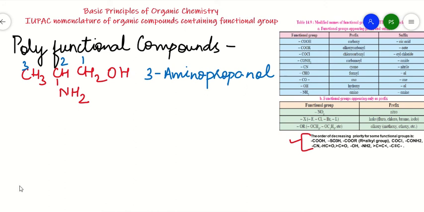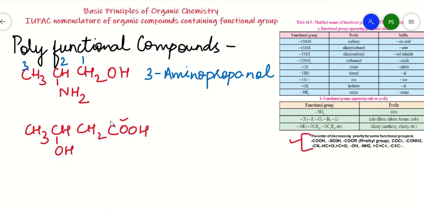Next, let's take one more example, like if I have CH3, CH, OH, CH2, COOH. Again, I have to select the principal functional group, and the principal functional group is COOH because it is top in the list, and OH would be treated as substituent.